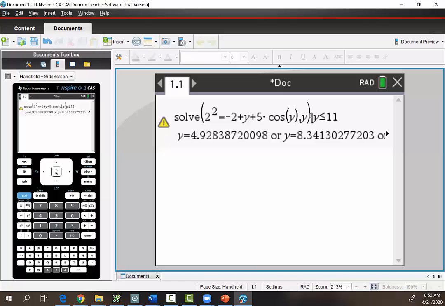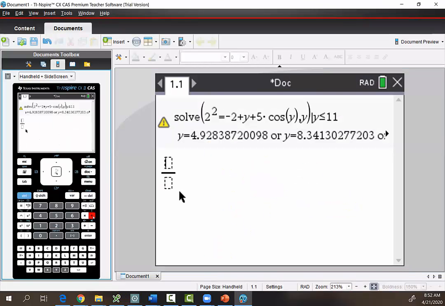And then when we're plugging in for dy dx, control divide gives us this. The safe thing to do would be 2 times 2 divided by 1 minus 5 sine.